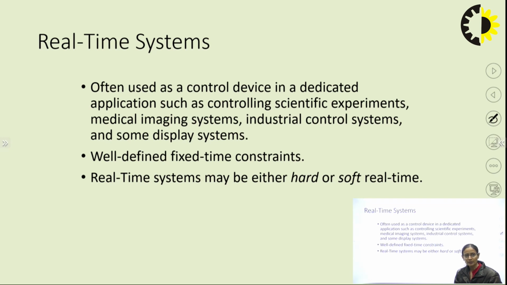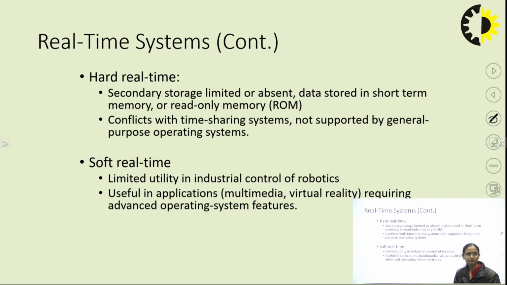Real-time systems can be hard or soft real-time systems. These are the two categories. What is hard? Secondary storage is limited or absent in a hard real-time system, and the data is stored in short-term memory or read-only memory. It conflicts with time-sharing systems and is not supported by general purpose operating systems.